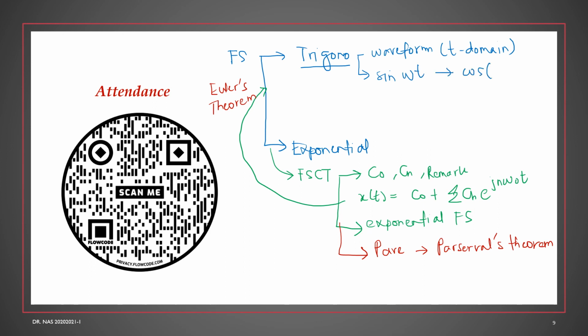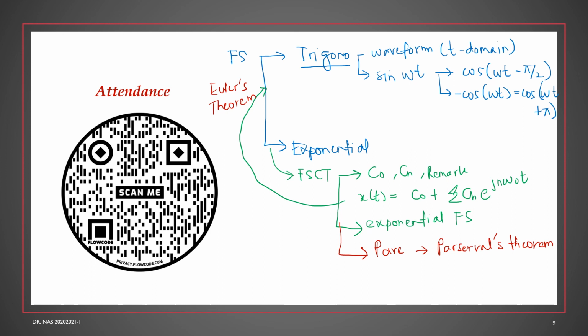It's equal to cos omega t with a phase shift of pi over 2. And if you have negative cos omega t, for example, this is equal to positive cos omega t with a phase shift of pi.